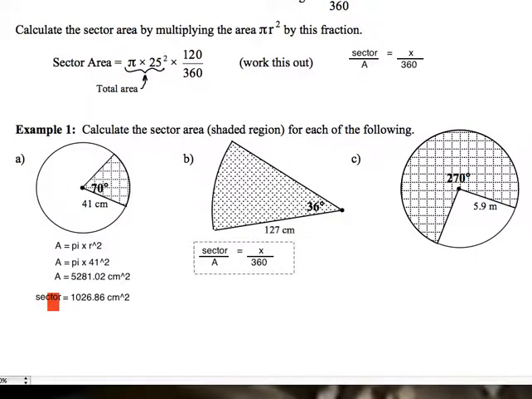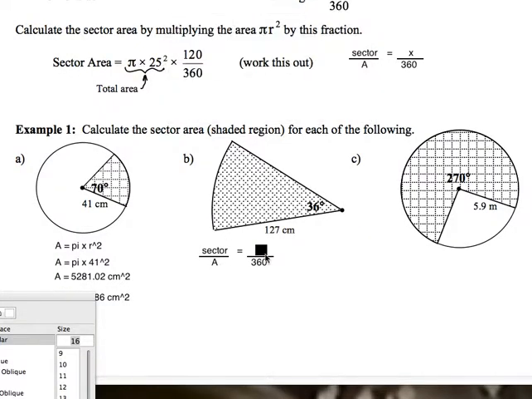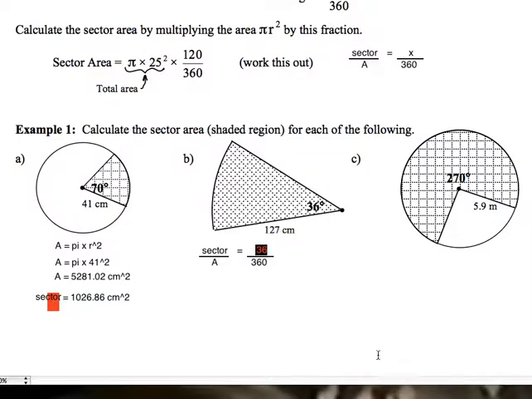Then I plug in the parts that I know. x here is 36 degrees, so I'm going to put 36 degrees. For the area, I don't have the area of the circle, but I do have the radius. And I remember that to get the area, I just use pi times the radius squared.